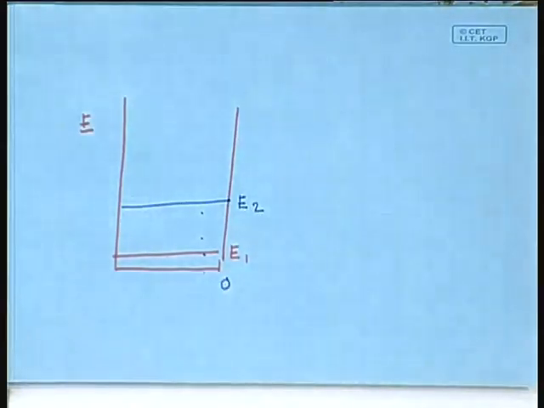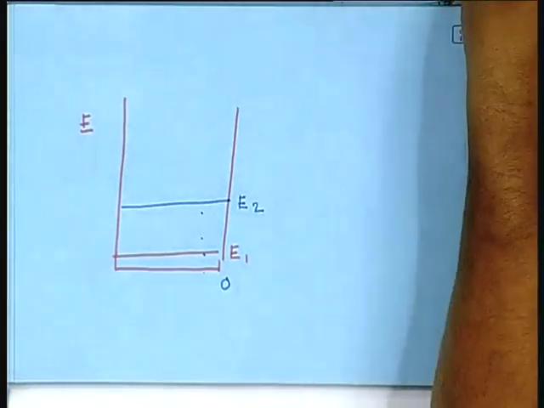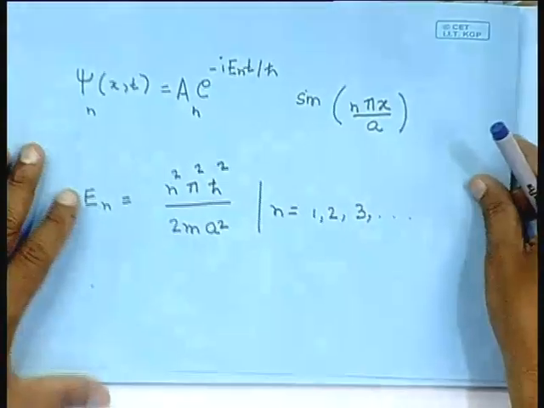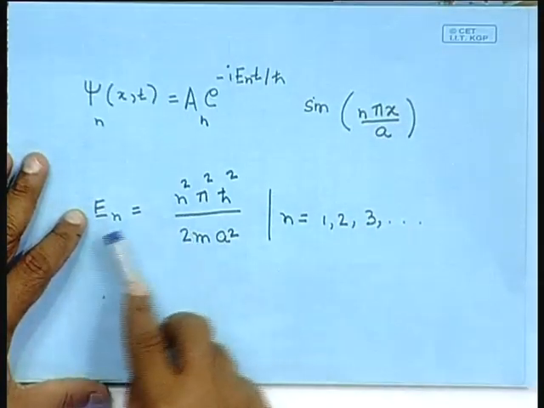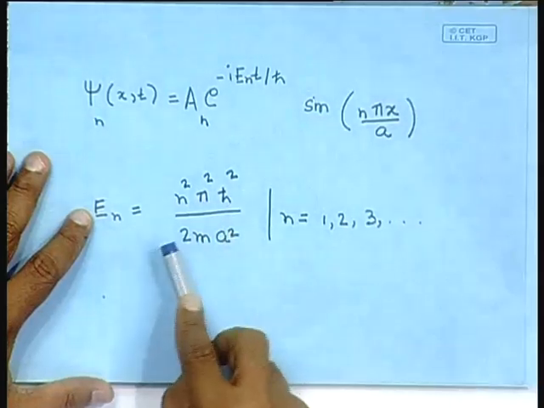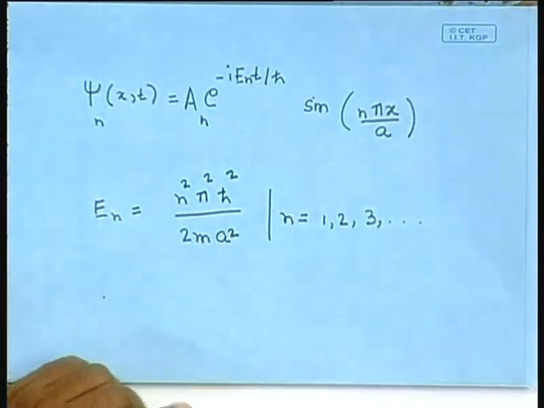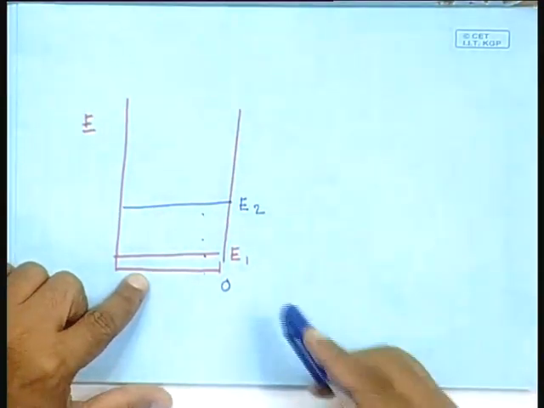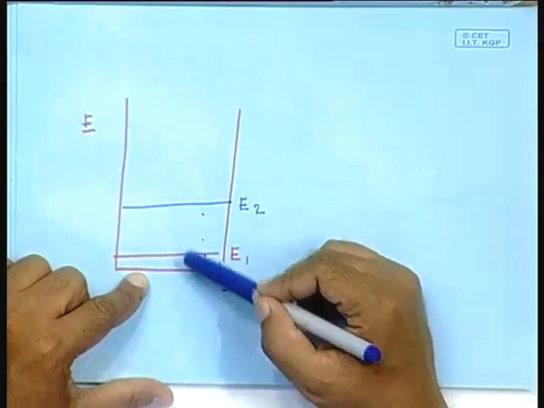And the next possible energy level is n equal to 3. For n equal to 3, the energy level is going to be 9 pi square h cross square by 2m a square. So the difference from here is going to be 9 times this difference.